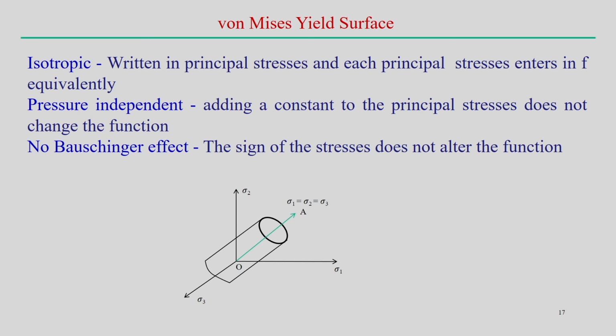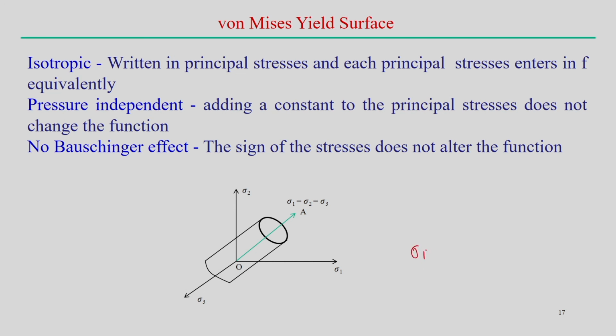We can check back whether this particular functional form of the von Mises yield function satisfies all these criteria or not. Isotropic means retaining the principal stresses, and each principal stress enters equivalently.